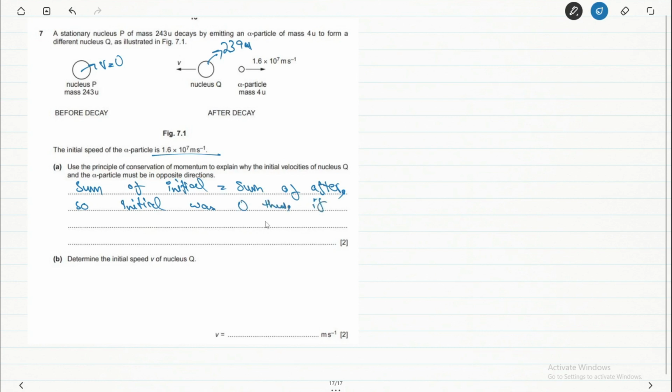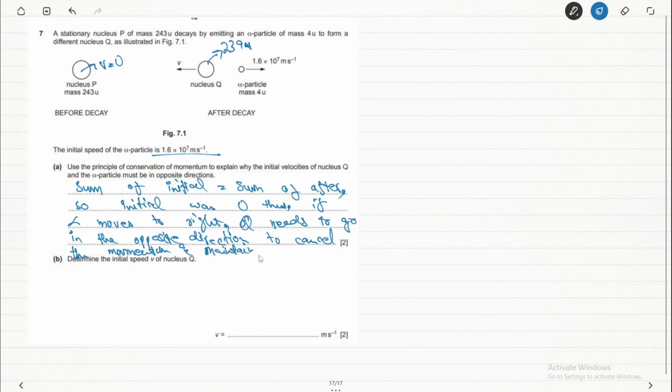Thus, if alpha moves to the right, Q needs to go in the opposite direction to balance or to cancel the momentum and maintain total momentum equal to 0, right?